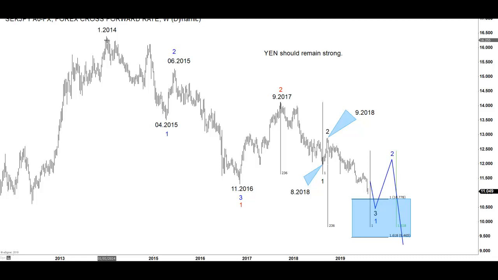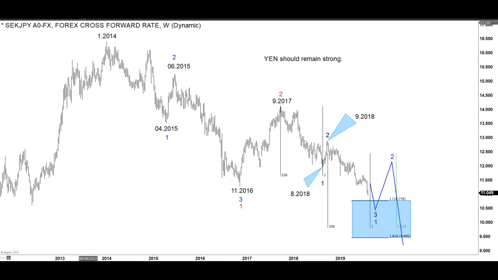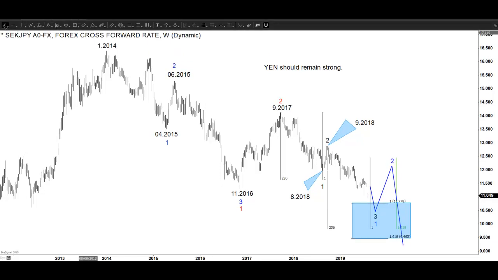What we're going to do in the video is explain what a sequence means. We believe that the market has a natural way to trade and to move, and many traders don't understand the nature of the market.